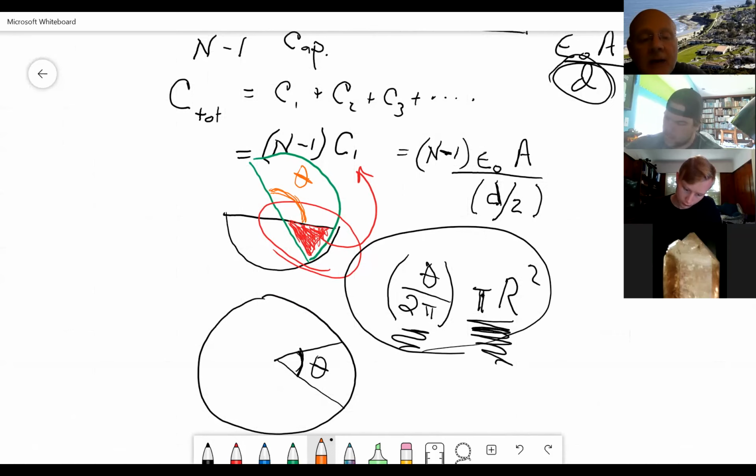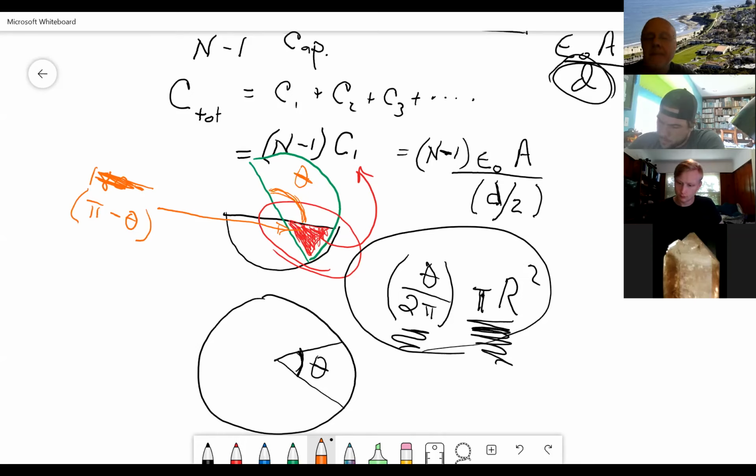So that means this angle here that's part of the pizza piece would be 180 minus, oh, let me do it in radians, would be pi minus theta. The red part would be pi minus theta.